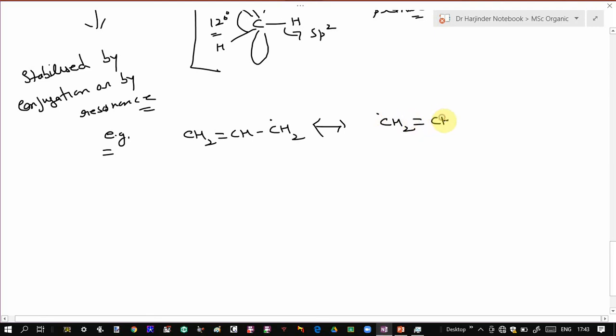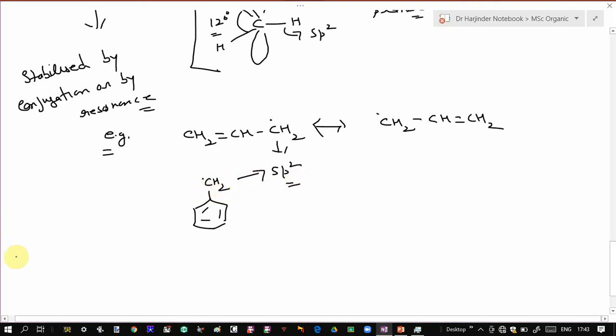So resonance is only possible when this unpaired electron is present in an unhybridized p atomic orbital. So in that case, it has sp2 hybridization. Similarly, if you have a benzyl free radical, here also it is stabilized by resonance, and therefore it also has sp2 hybridization.